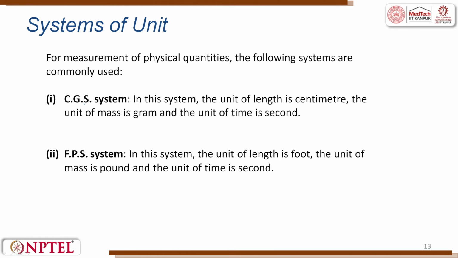In the CGS system, length is talked about in terms of centimeter, mass in terms of gram, and time in terms of second. You should understand that centimeter is okay when you have a length scale in millimeter or centimeter. Suppose you have it in kilometer, then it becomes very difficult to use the centimeter scale, right.